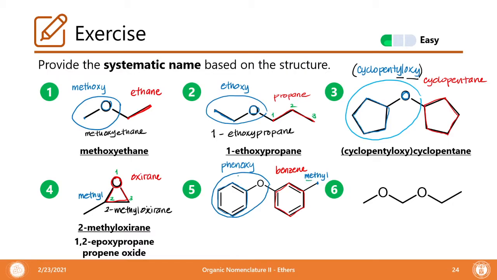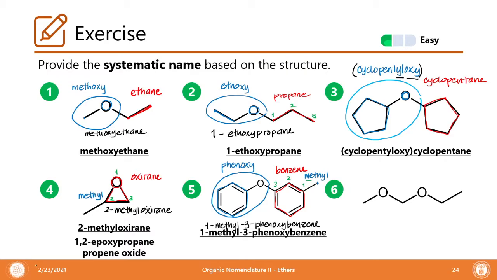M before P, 1, 2, and then 3. So when we form the name, we name it as 1-methyl (3-phenoxy) benzene. So we have 1-methyl 3-phenoxy benzene.